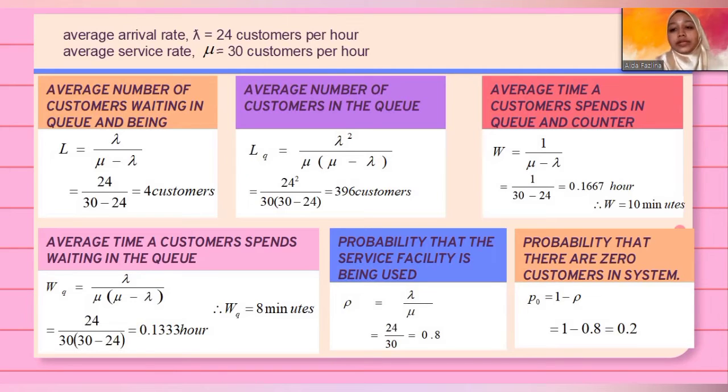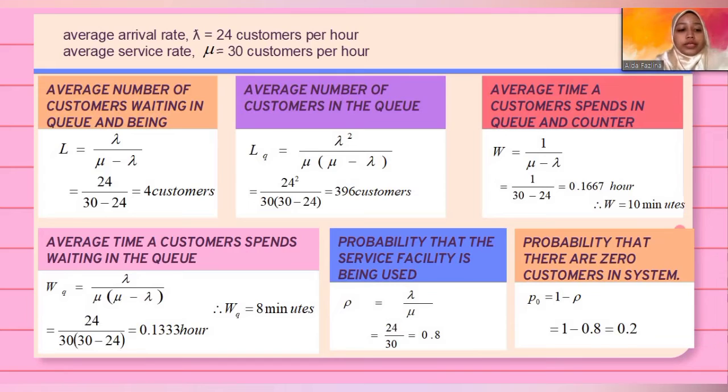Third is the average time a customer spends in queue and at the counter, by using the formula W equals 1 over mu minus lambda. And the answer is 0.1667 hour. We can conclude that the average time a customer spends in the system is 10 minutes.